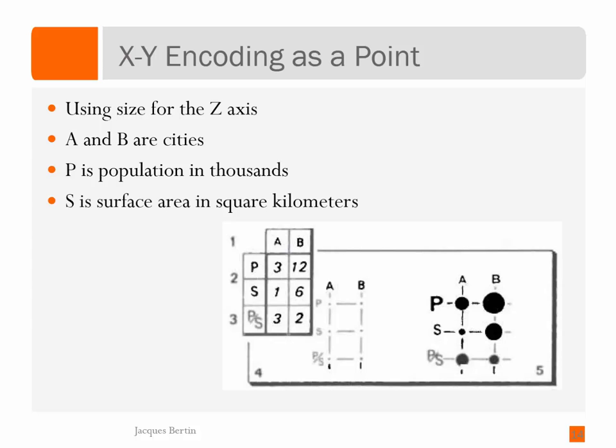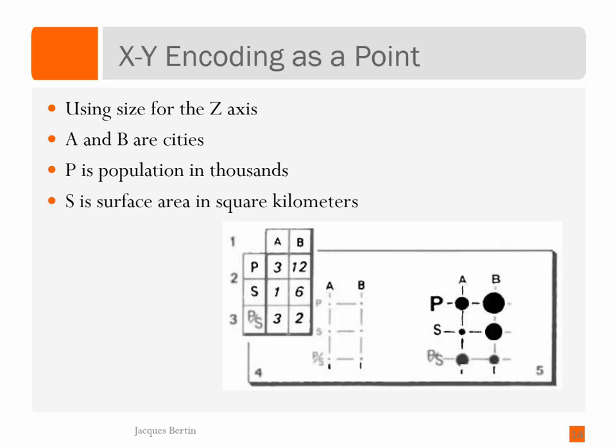The population of A is 3. The population of B is 12. And the importance here is just the relative nature to each other. It could be 3 people and 12 people. It could be 3,000, 12,000. You get the idea. Then if we look at S, S is the surface area in square kilometers.